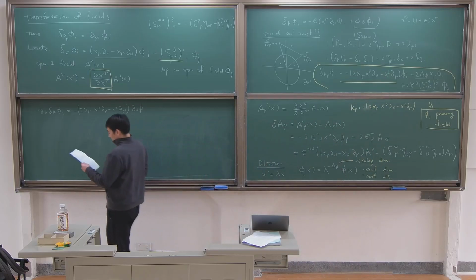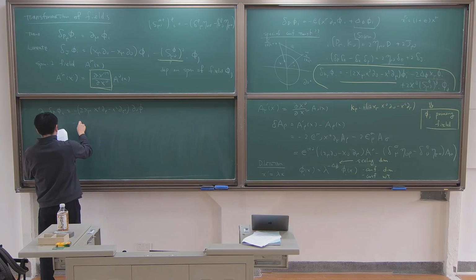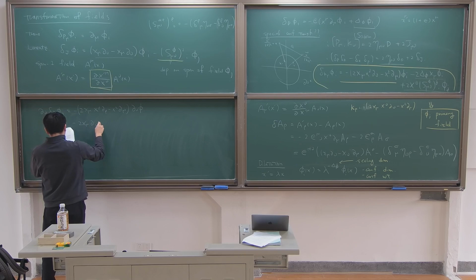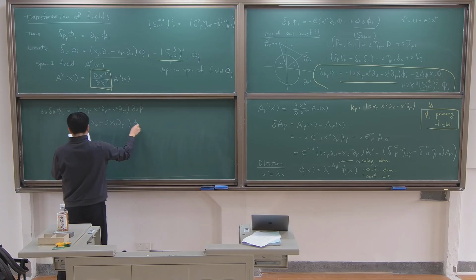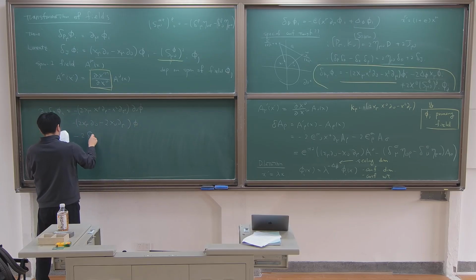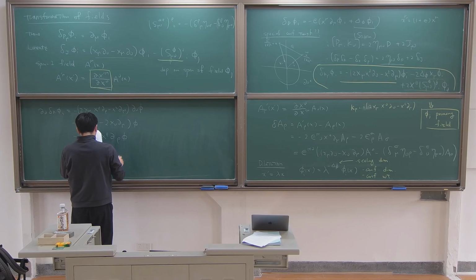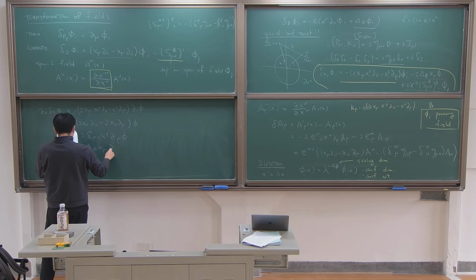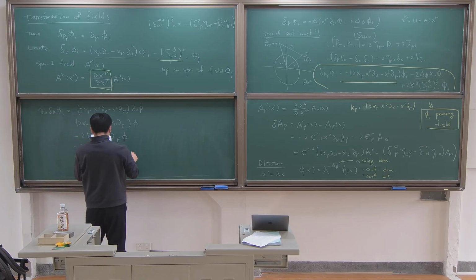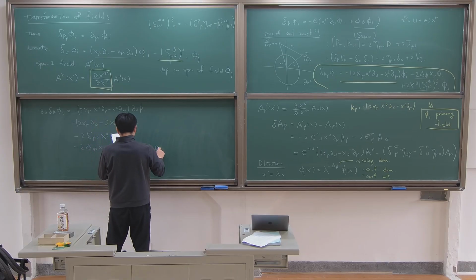Therefore, this will give rise to the following terms: minus 2x mu partial mu of phi, and also minus 2 delta mu nu x rho partial rho phi, and then minus 2 delta phi x mu partial mu phi, and then minus 2 delta phi delta mu nu phi, and so on.